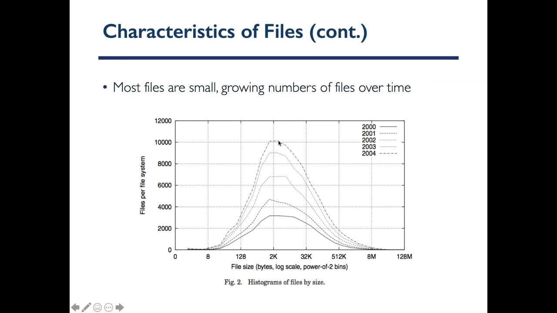So in 2004, we basically had a very low variance, meaning that there was a much smaller fraction of data that was really small, like 8 to 128 bytes, or very big, like 512 kilobytes to 128 megabytes or even more. So most of the files were small files.